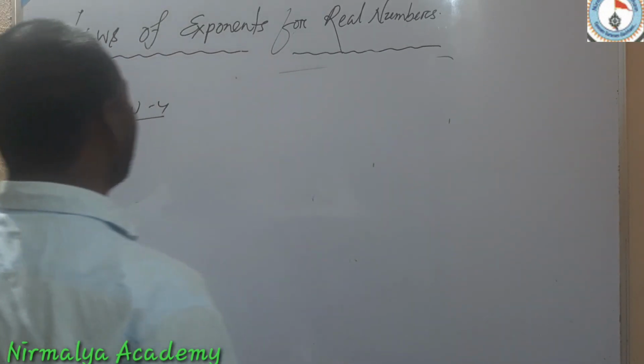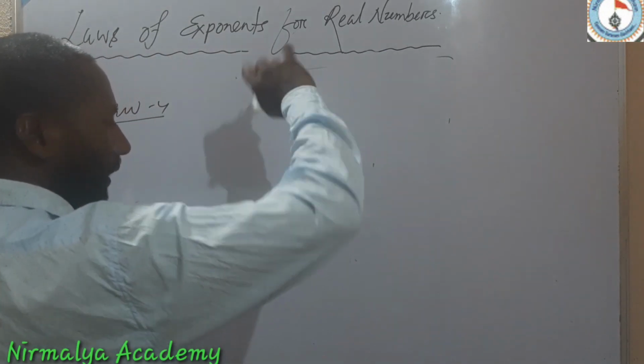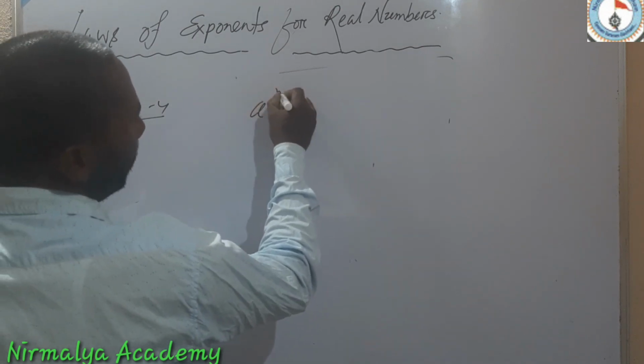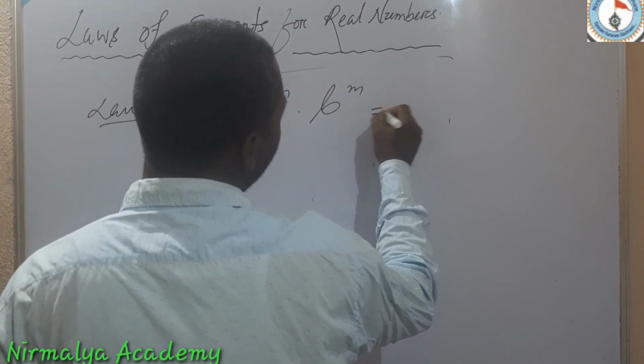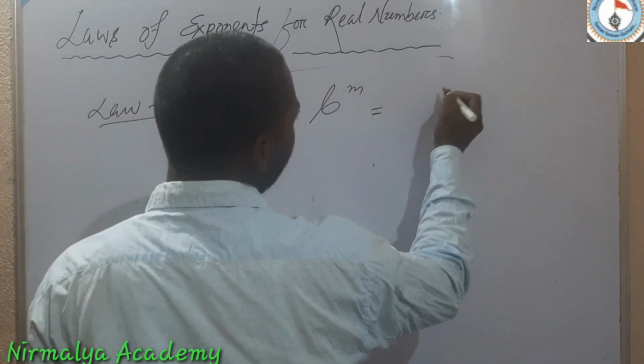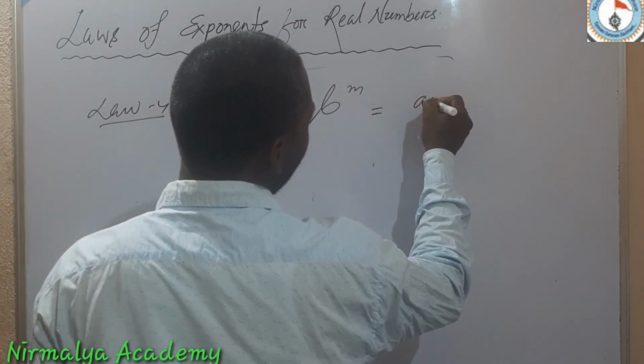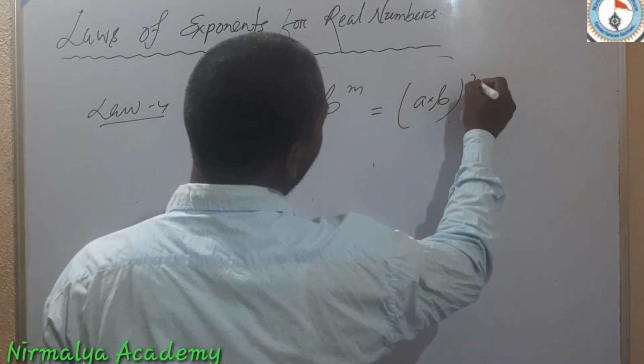Now I will discuss the fourth law. The fourth law is a to the power n into b to the power n equals a into b whole to the power n.